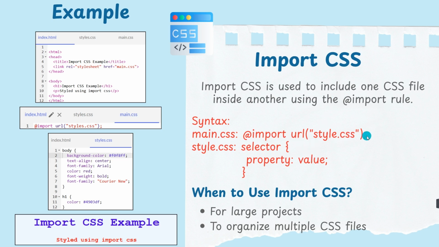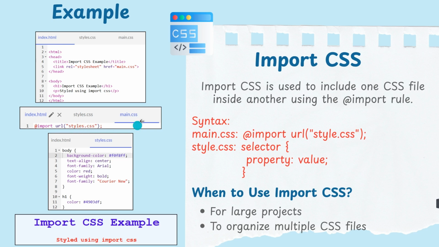So this is the main CSS, and this is the style.css you are importing inside the main CSS. In the example, this is HTML, and inside index.html you're writing the content.